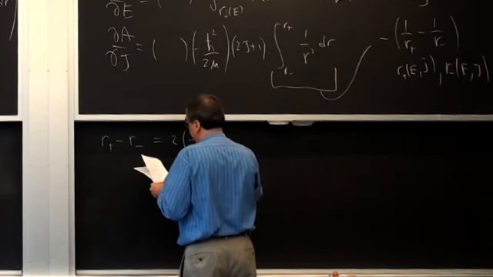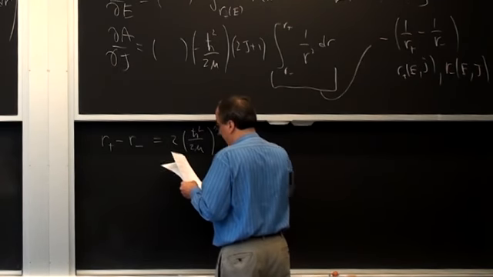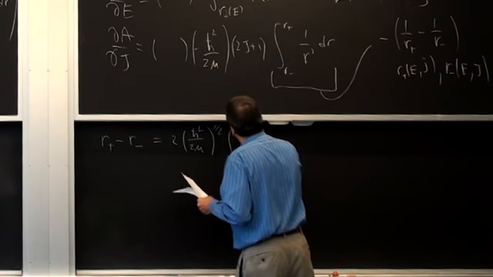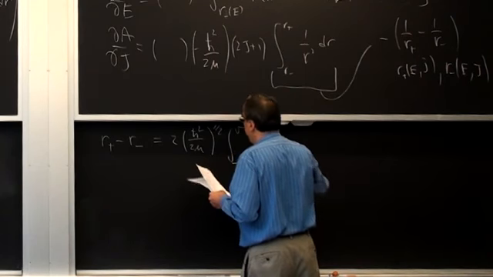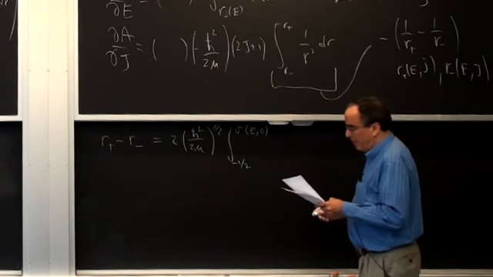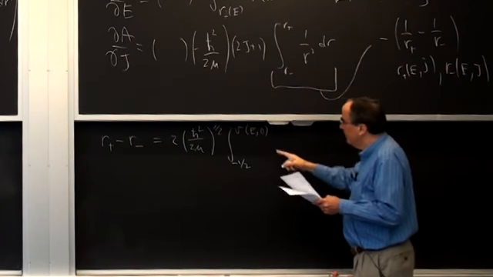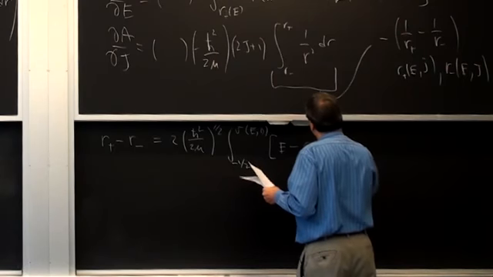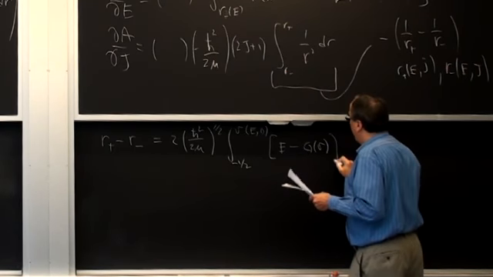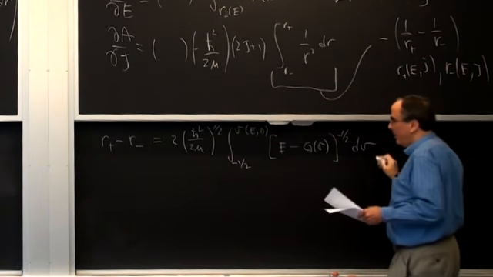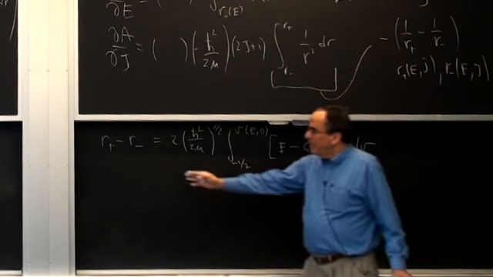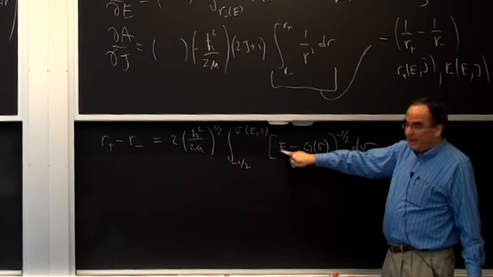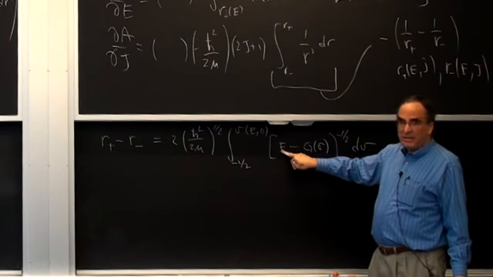And so what you discover is that r plus minus r minus is equal to 2 times h bar squared over 2 mu, square root, integral over the vibrational quantum number, that's J. So the difference in two turning points is given at E, and E can be treated as continuous.